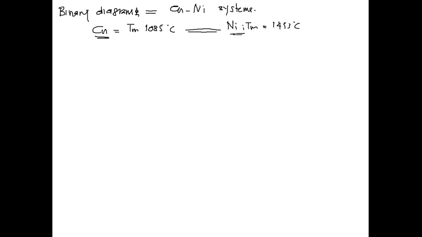So first at the y-axis, we have the temperature, and at the x-axis we have the composition.